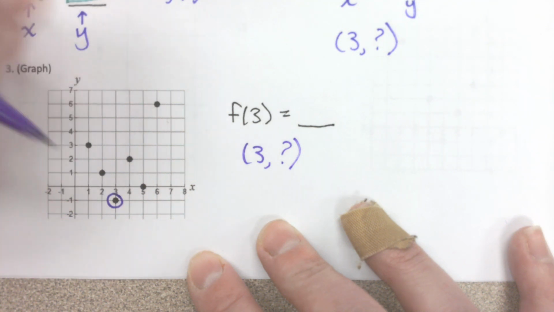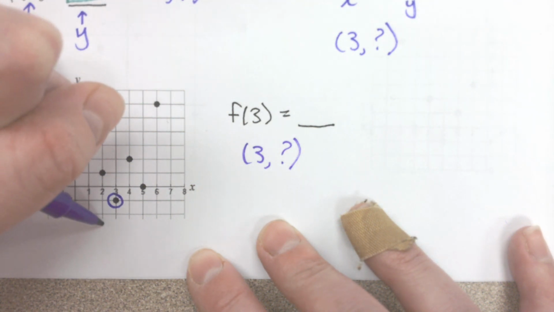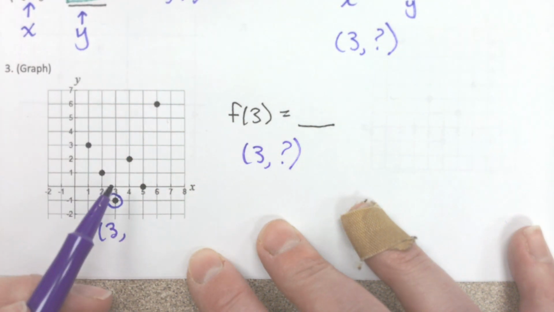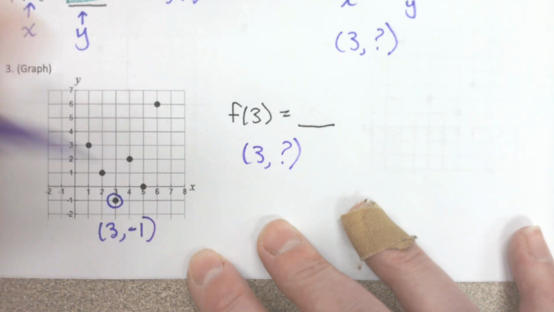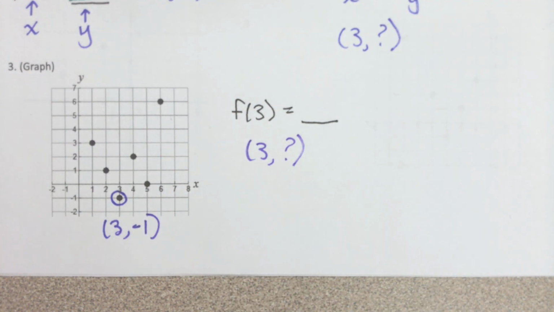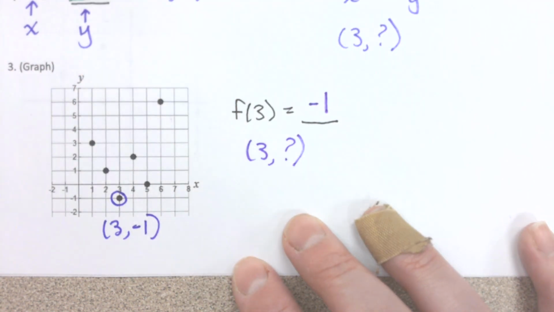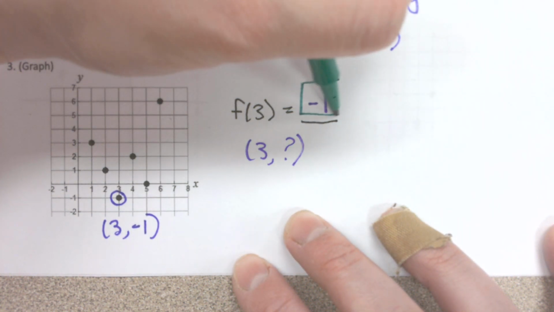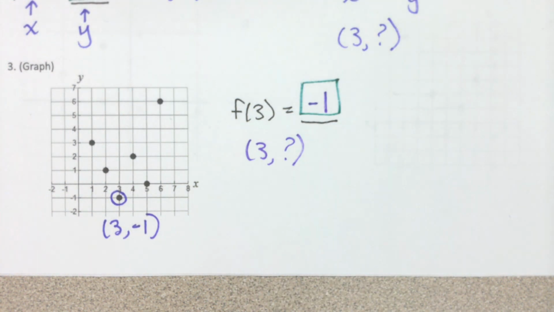The point is right here. And that is the point 3, negative 1. So negative 1 is our answer. Questions on the graph? All right, next page.